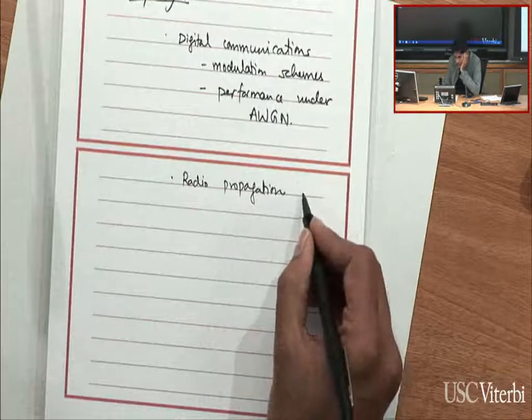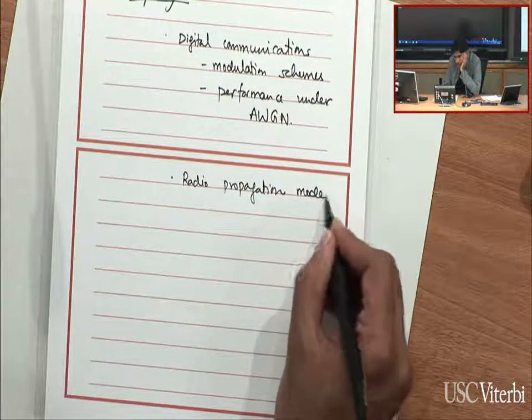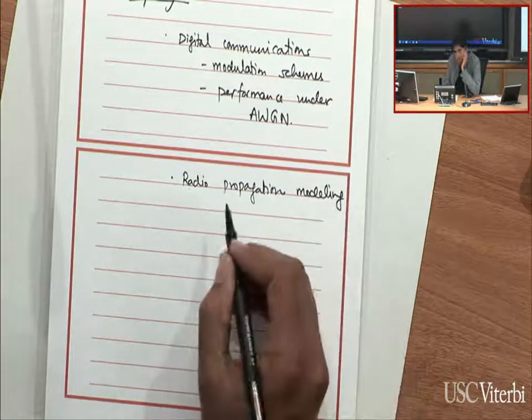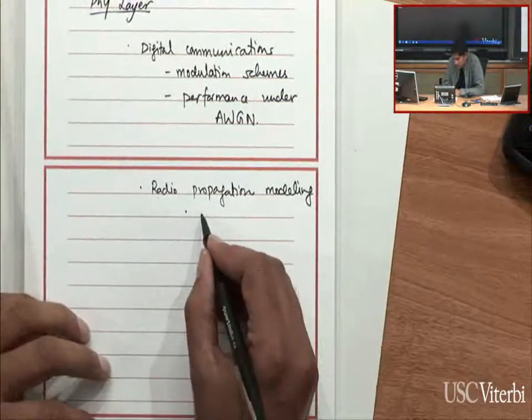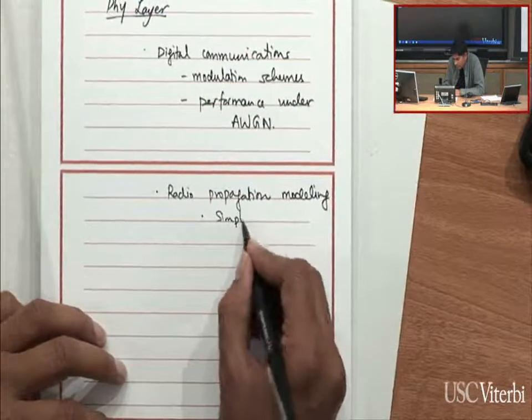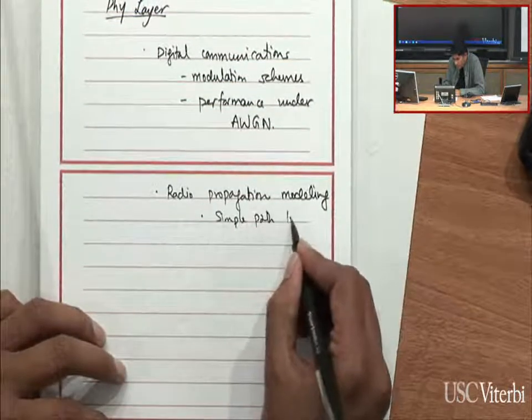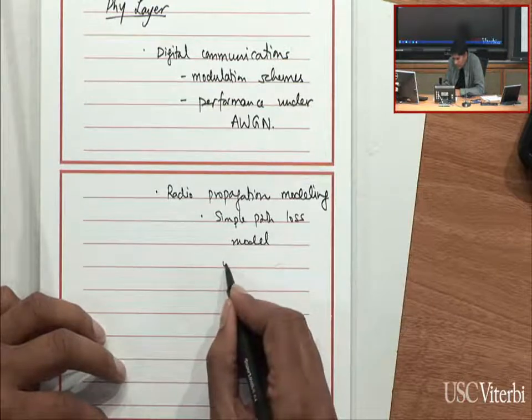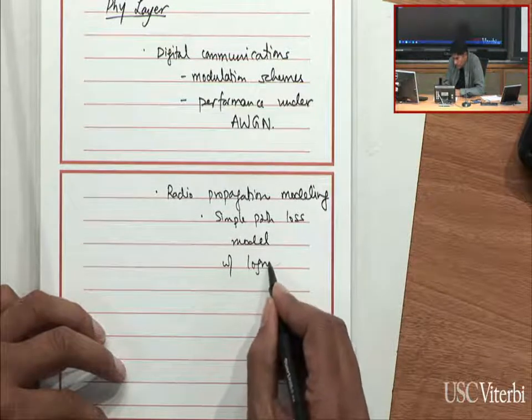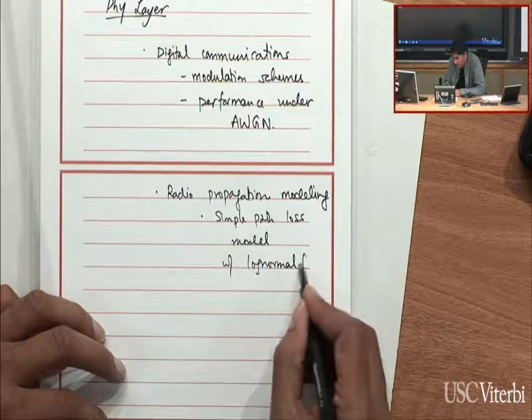And we started talking about radio propagation modeling. Specifically, the model we're starting out looking at is called the simple path loss model, and then with log normal fading.